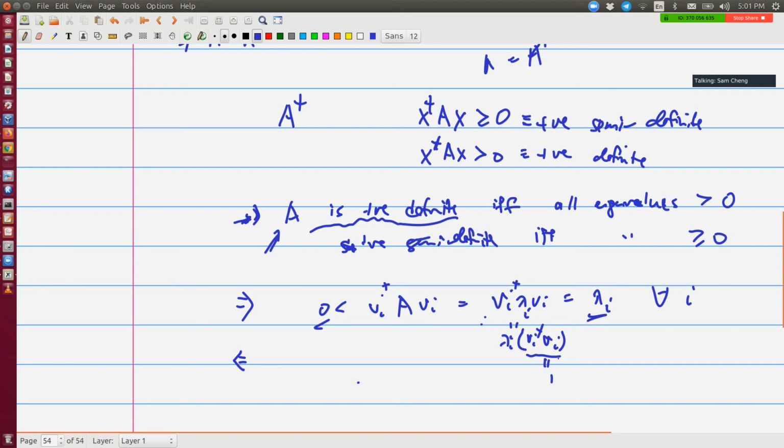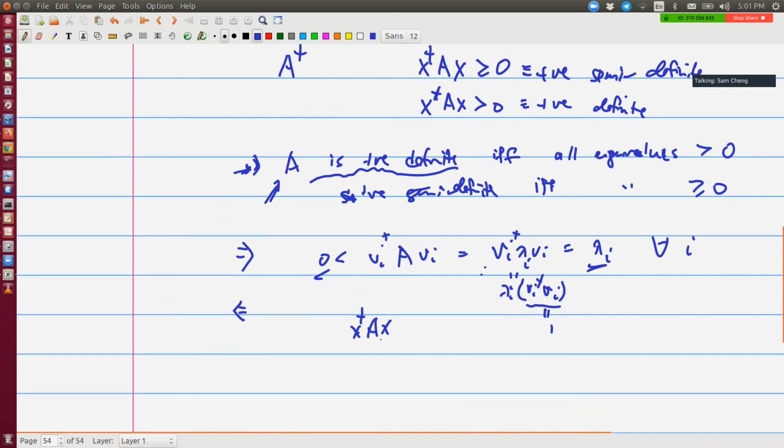So if every eigenvalue is bigger than zero, then let's say I have x Hermitian A x.